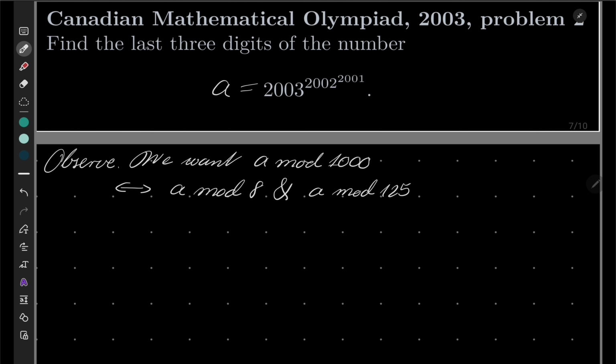So let's start with the first part, A modulo 8, because it's simpler.